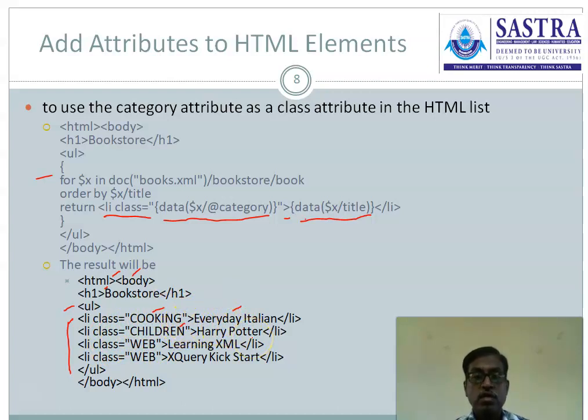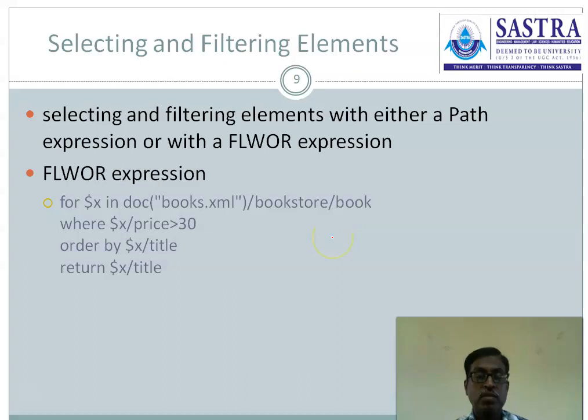Likewise, if you want to include any extra attribute like class or ID, or div-like attributes, that should be done using the following syntax, right? li class equal to data $x category, and $x title. By using this, we are able to display the content using extra attributes defined by the HTML language.